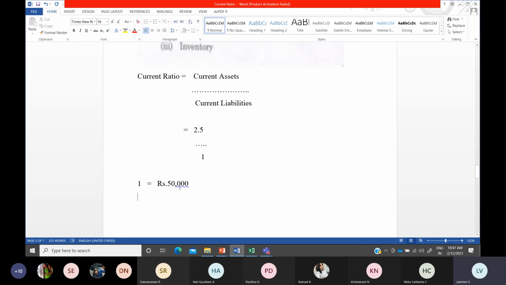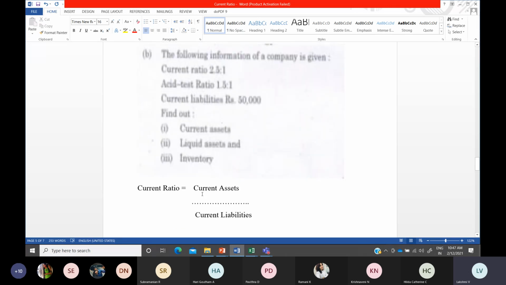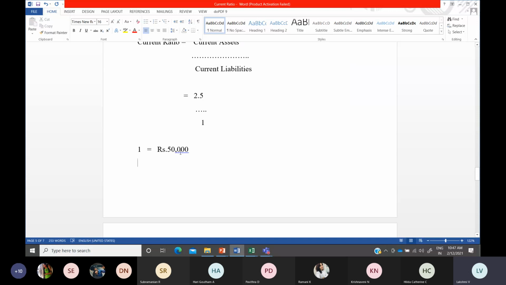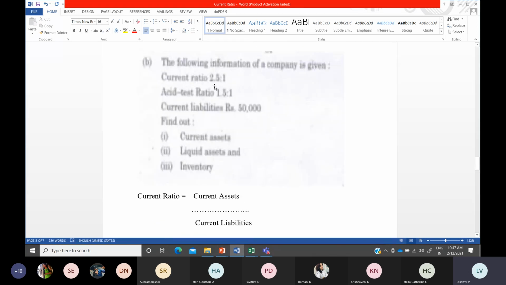So if current assets is 2.5 and current liabilities is 1, we know this 1 is given in the question as 50,000 rupees. If 1 is 50,000, then how much is 2.5?